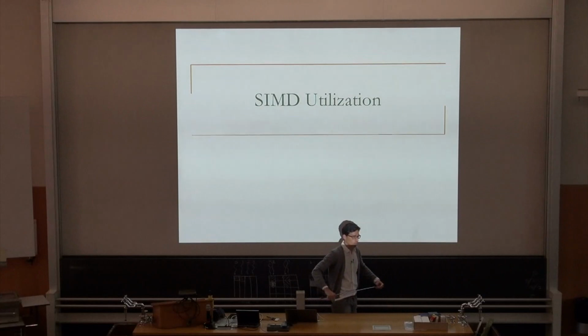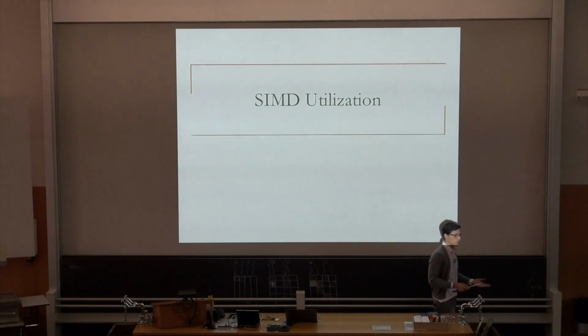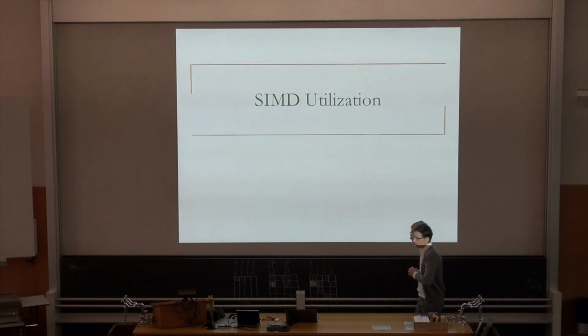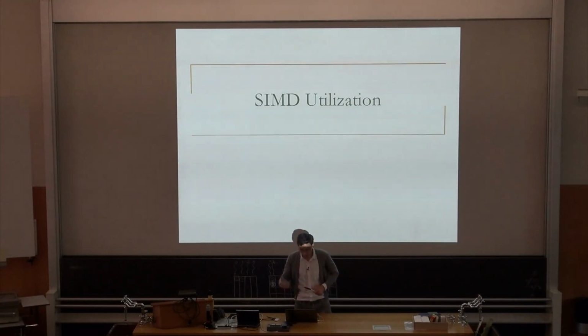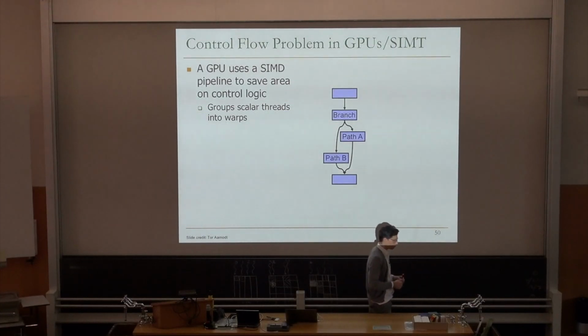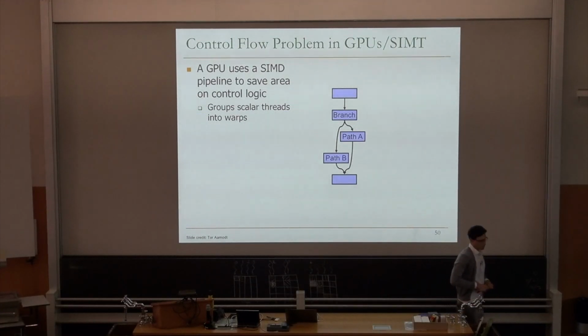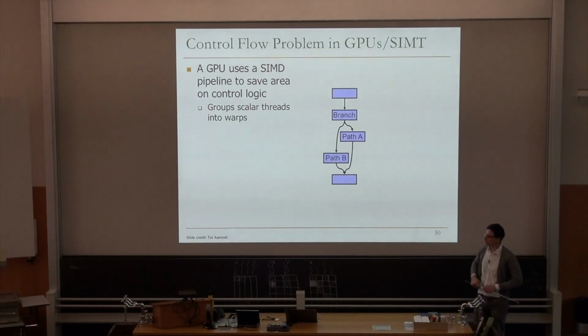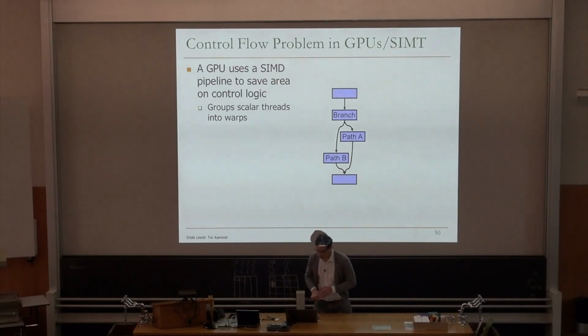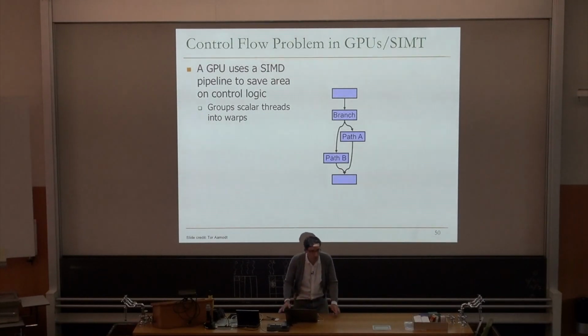Now we are going to talk about the efficiency or the utilization of the SIMD pipelines, the SIMD utilization, and how we can try, from the programmer perspective, to avoid the divergence that makes threads belonging to the same warp go through different paths, because of that the performance is going to be degraded, right?